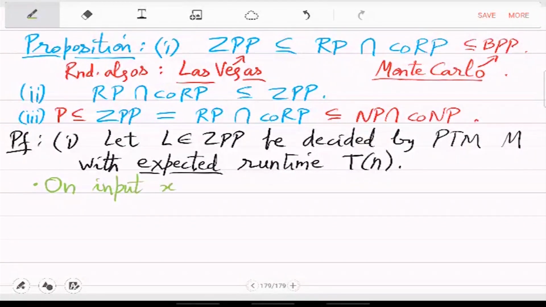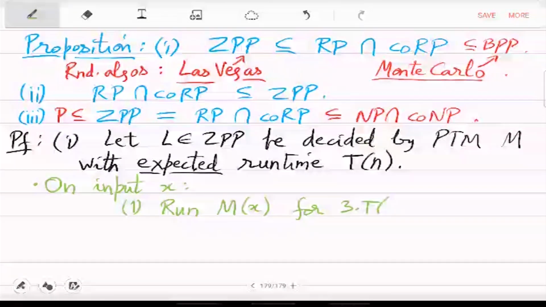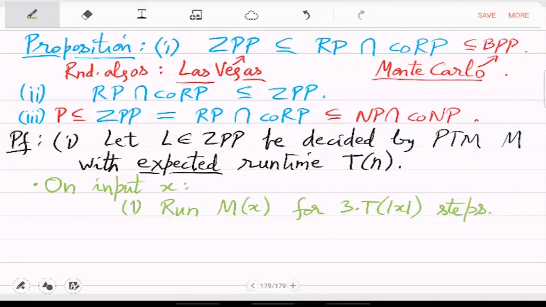So on input X, what you do is you run M of X for 3 times the expectation. Okay, so expected runtime is T of n, you run it 3 times the expectation, and if the answer has come, it must be correct, output that.